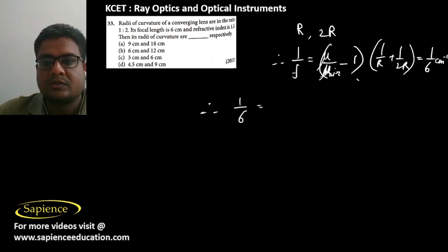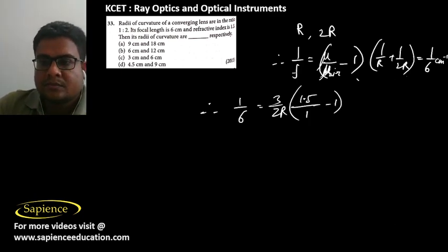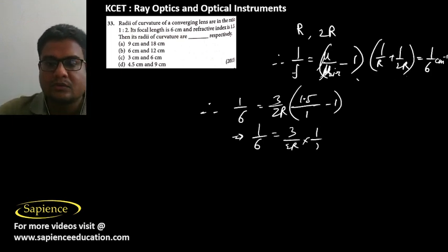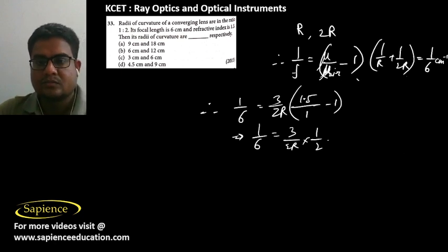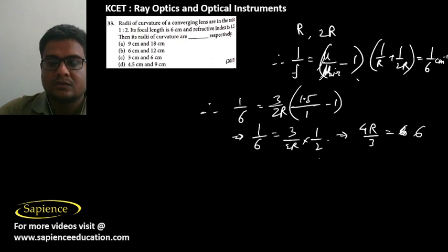So 1 by 6 will be equal to 3 by 2R into refractive index 1.5 by 1 minus 1. This will be 1 by 6, that is equal to 3 by 2R into 1.5 minus 1, that is 0.5, 1 by 2. So 4R by 3 is equal to 6.